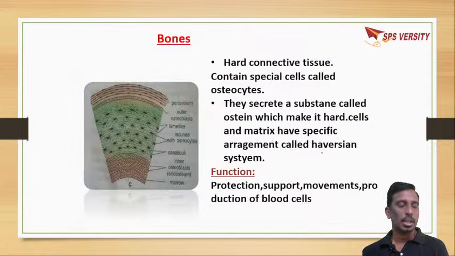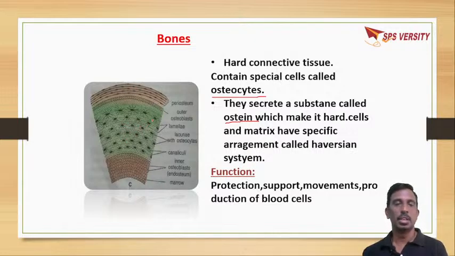Bone is another type of connective tissue which is very hard and consists of specialized cells called osteocytes. The secreted substance called ossein makes them hard. If you look at the bone transverse section, there is a specialized system called the Haversian system.